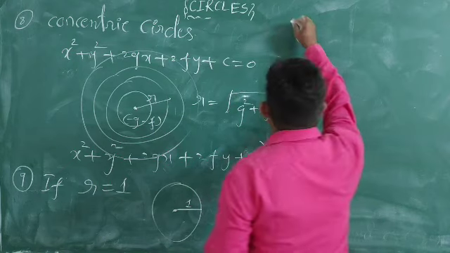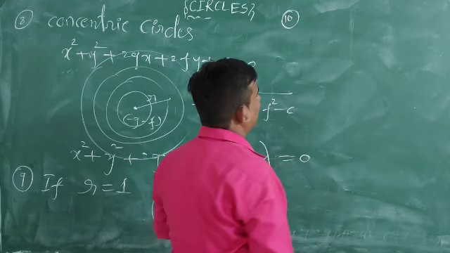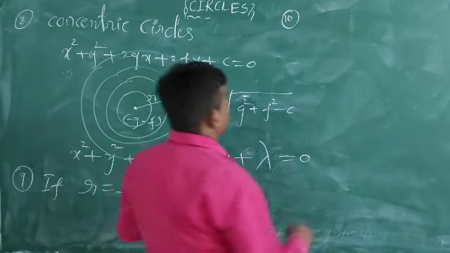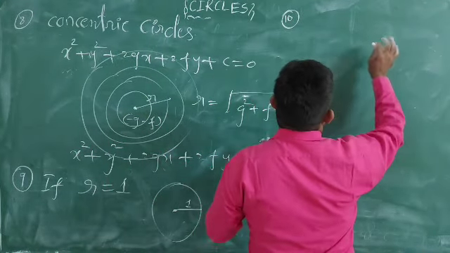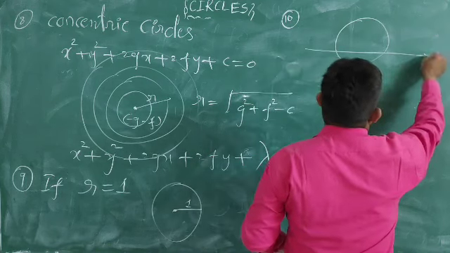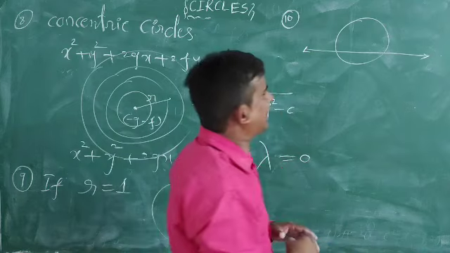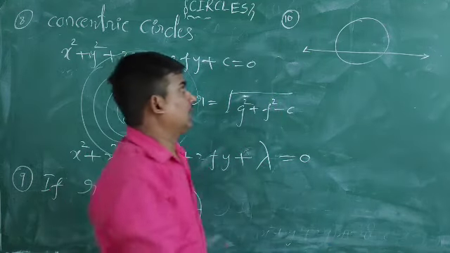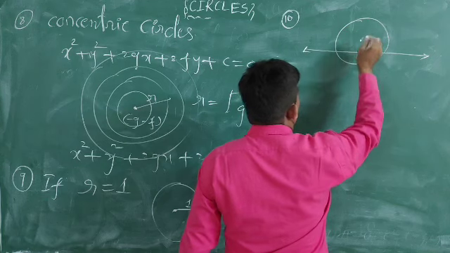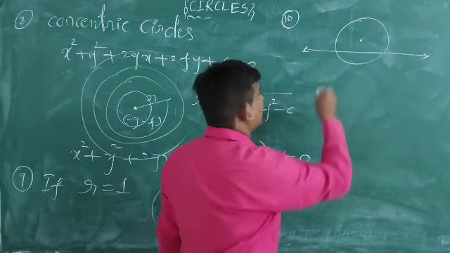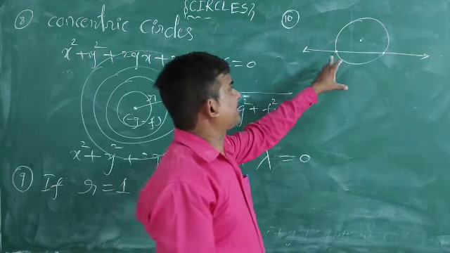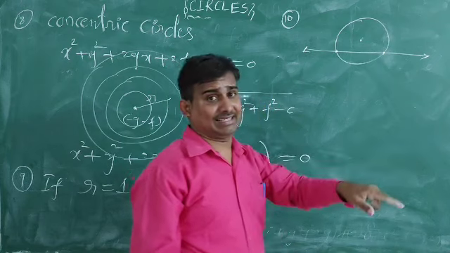Our tenth point, you have to learn it very well. If a circle meets the x-axis at 2 points, it is a circle with some center (-g, -f), and these are the 2 points of intersection of the circle with the x-axis.